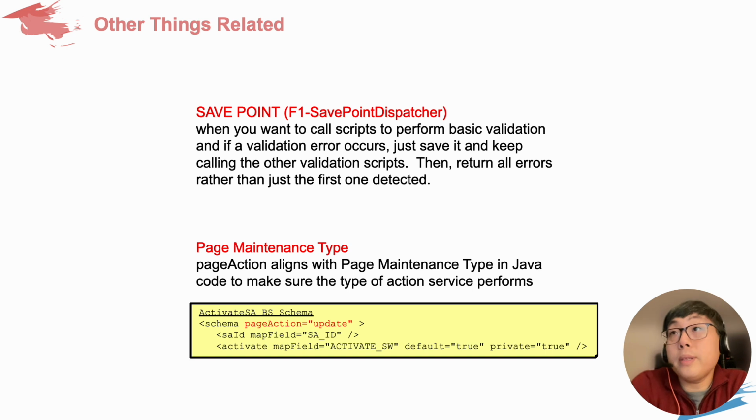So there are 2 points I would like to mention. First is save point. I'm not quite sure if you have touched upon this point, but in the system we do have a business service called F1 save point dispatcher.